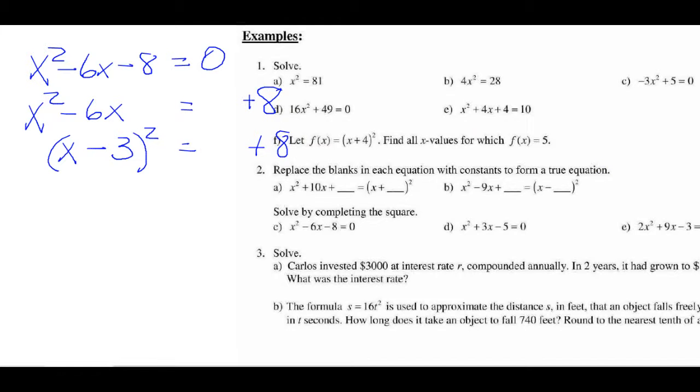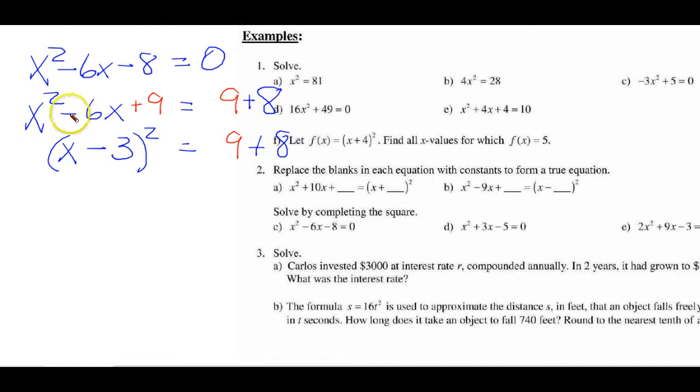Now, we need to get our c term. Well, our c term comes from squaring a negative 3, which is a positive 9. So we are adding a 9 to this side of the equation. To keep it equal, we have to add 9 to the other side as well.